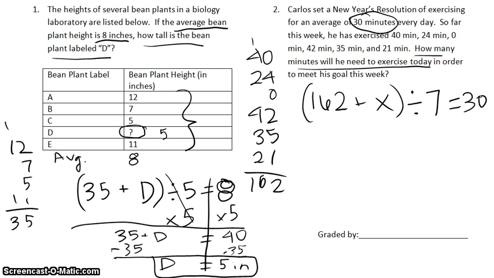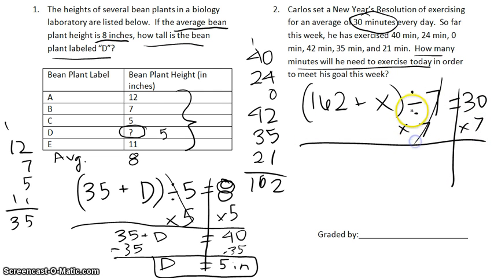Okay, I'm going to do the same thing I did to solve this equation as I did over here. I'm going to first get rid of this divided by 7 by multiplying both sides of my equation by 7. On this side, the times 7 will cancel out the divided by 7, so I'm just left with 162 plus x.